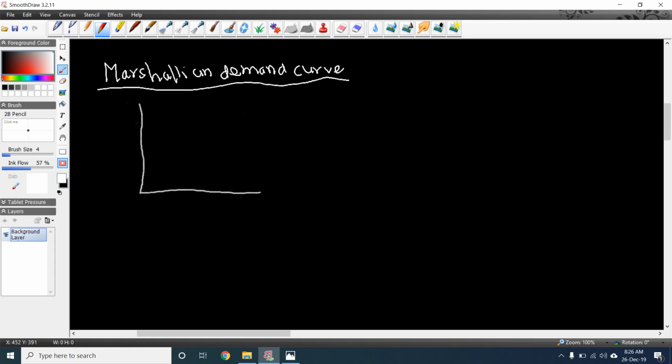I will draw the x-axis and y-axis, and let's draw the budget line and an indifference curve IC1.